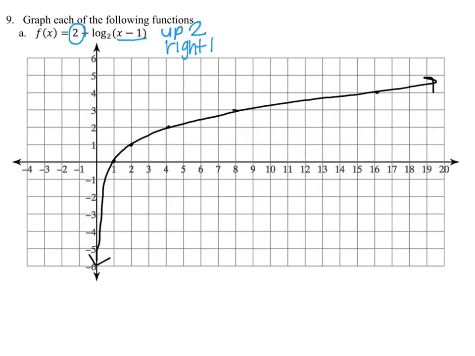So I want to take every single point on this graph and I want to move it up 2 and right 1 and put a new point there. I'm going to take each point, once again, move it up 2 and right 1, up 2, right 1, put points on each of these spots.